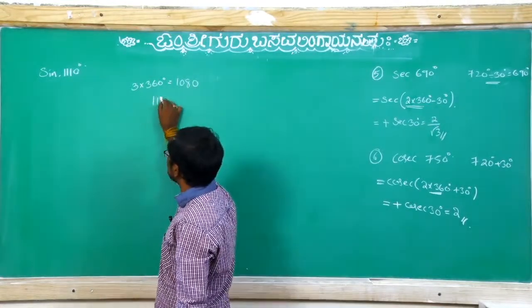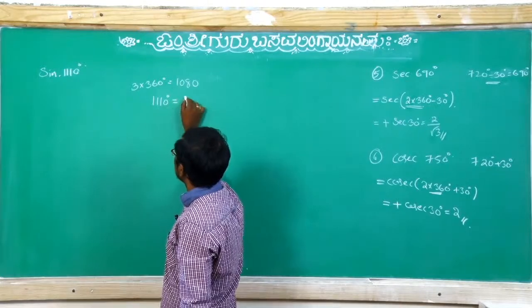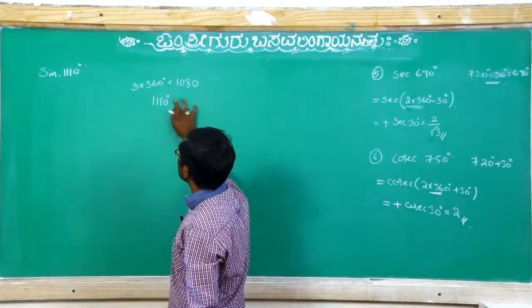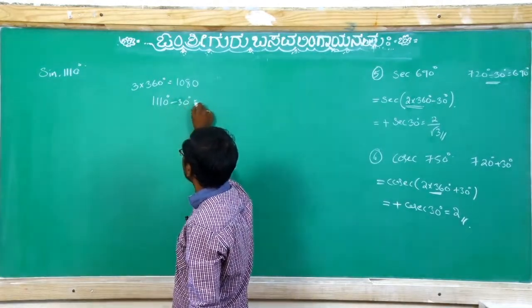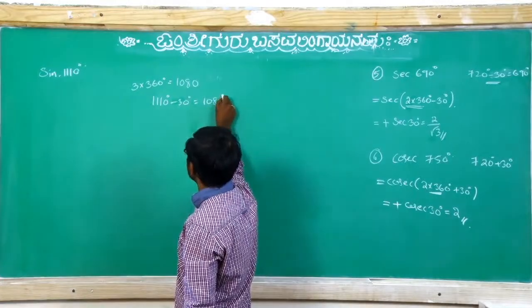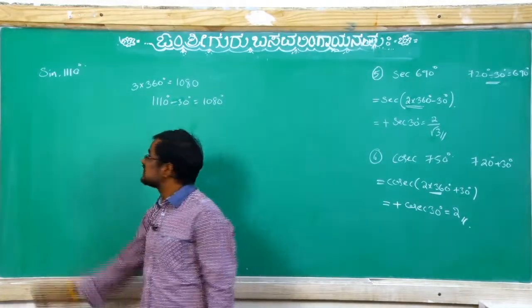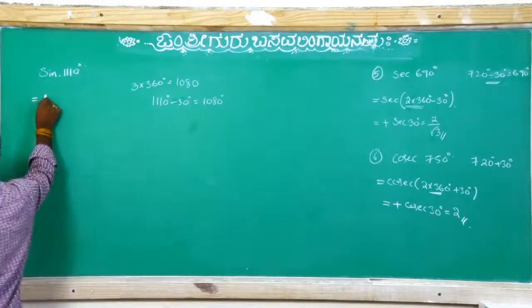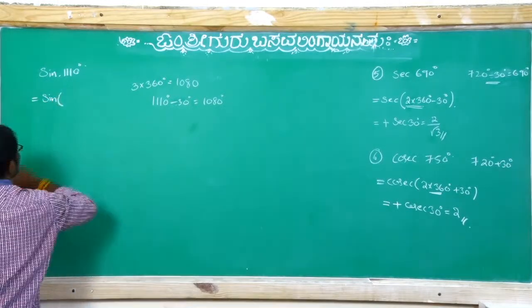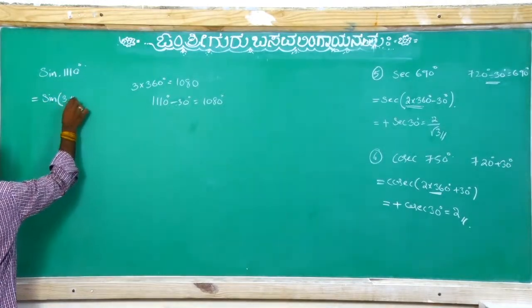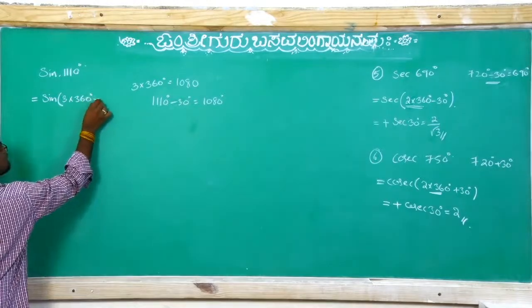Means this 1110 degrees, can you write minus 30 equal to 1080? Correct or not? Means this can be written as sine of 3 into 360 minus 30.